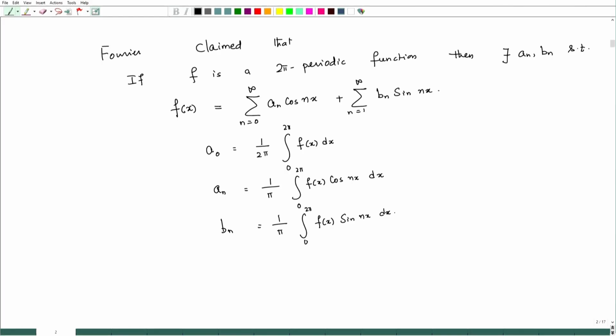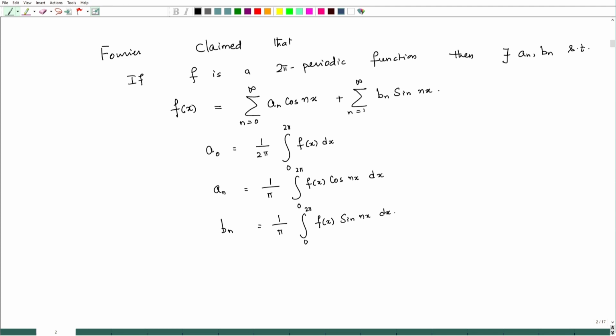So, what we would like to do is to find a large class of functions for which the Fourier series converges, and we must ensure that it converges to the function f.